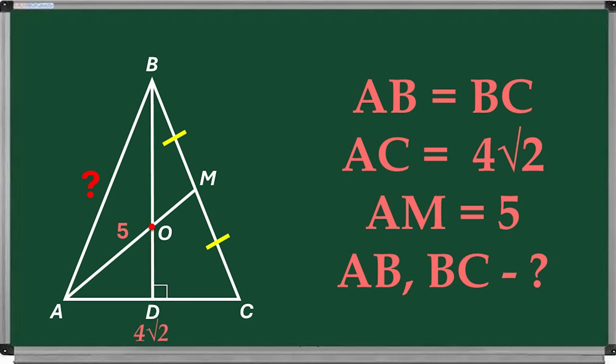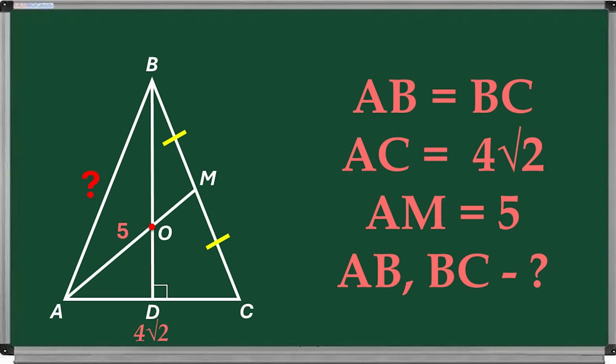To solve this problem, we will start by drawing an altitude from the vertex angle to the base. Let's call the triangle ABC with base AC and the altitude BD. In an isosceles triangle, this altitude BD is also a median.